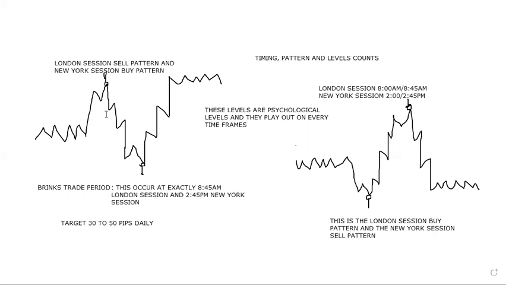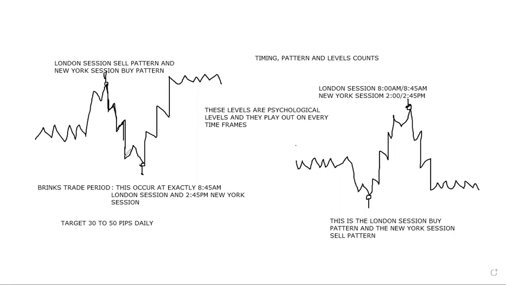Now, how does the level count work? There are three level counts. Now look at this, count with me. One, the market tests, comes out again. Two, the market tests, comes out again.